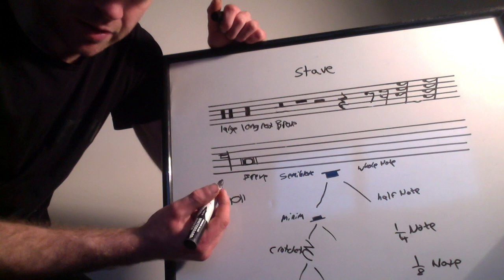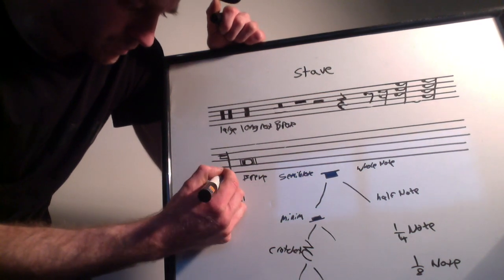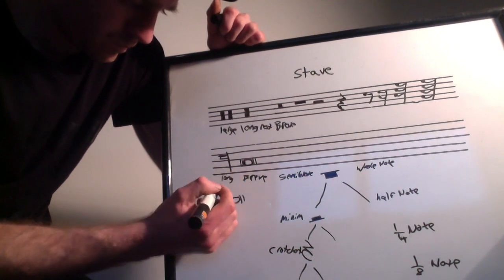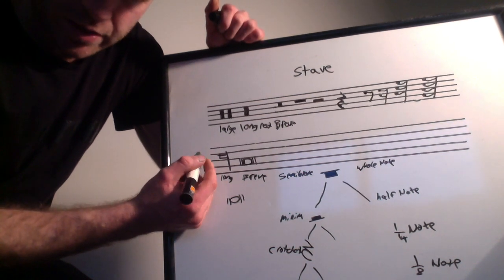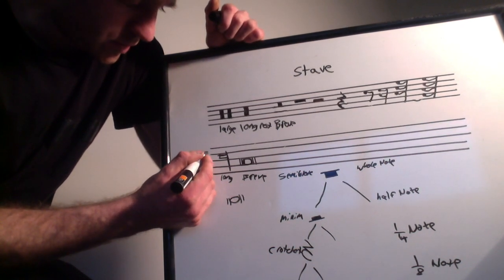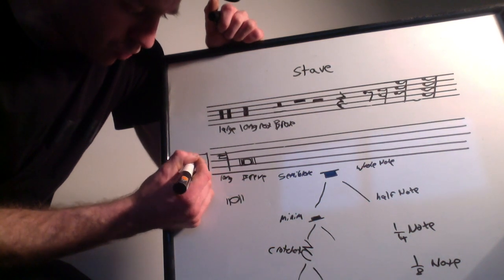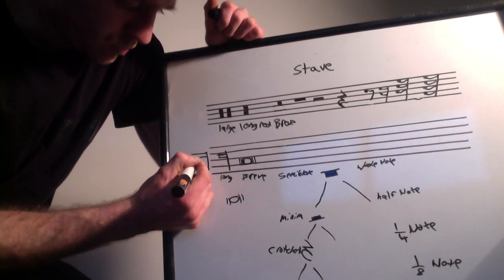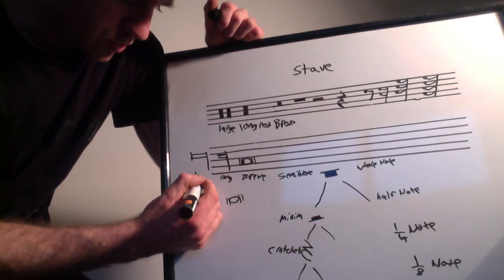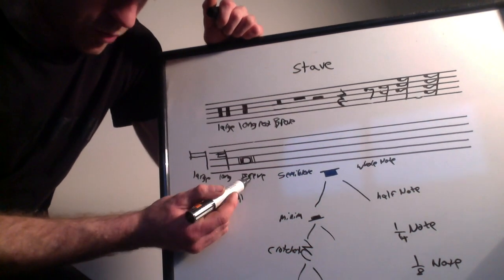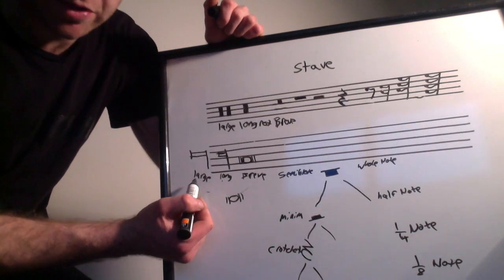Okay, so that becomes our long note. And then further back this way, you have one of those that's kind of the same, but it's longer. And that becomes our large. So twice as much, twice as much.